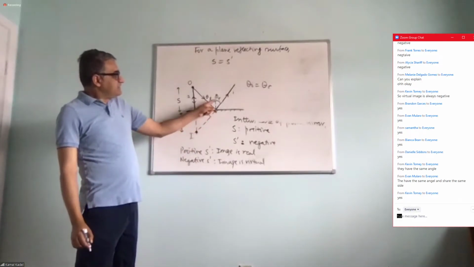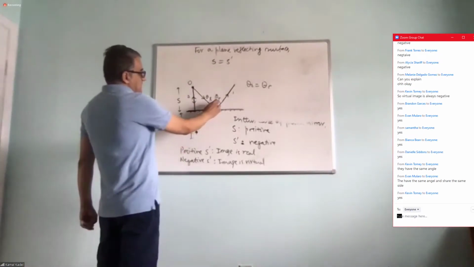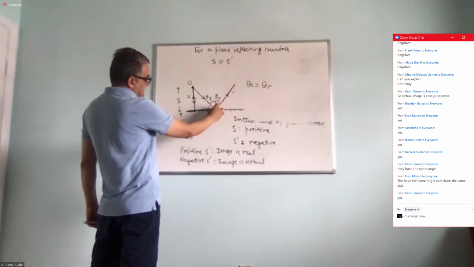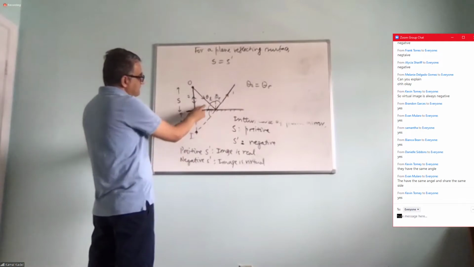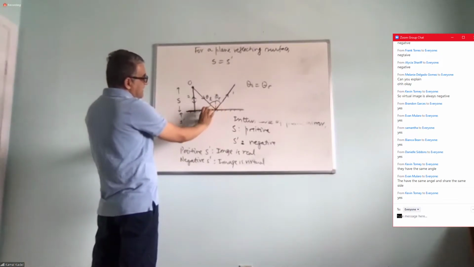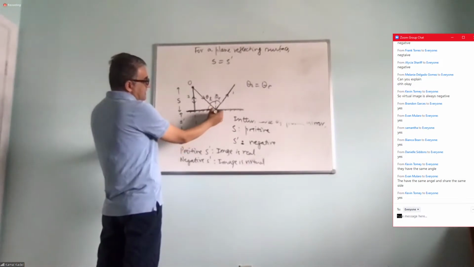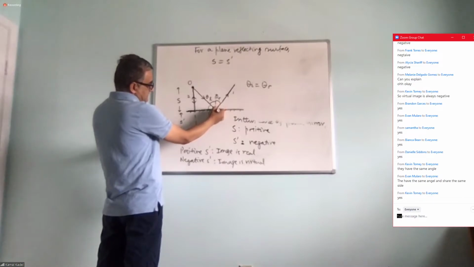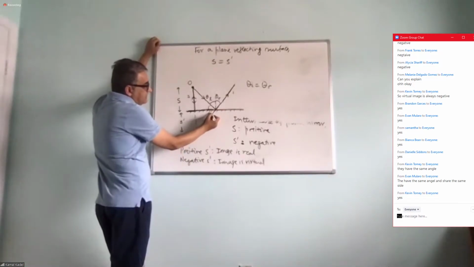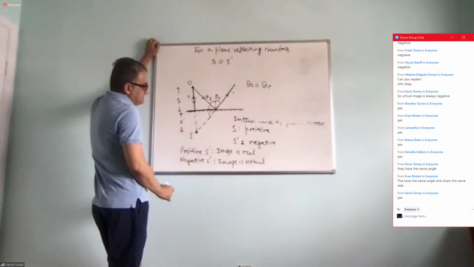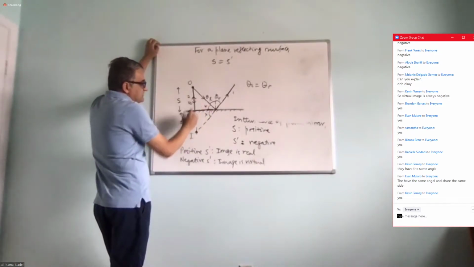So look here: this is 90 degrees minus this, and these two total 90 degrees, and that has to be 90 degrees minus this. If you see this here, then you can see these two angles are equal, and the same way for these two angles. So these are the same angles, which means these two sides are equal.